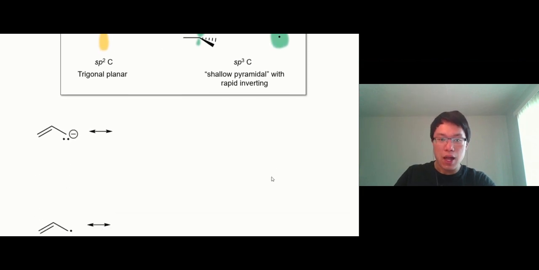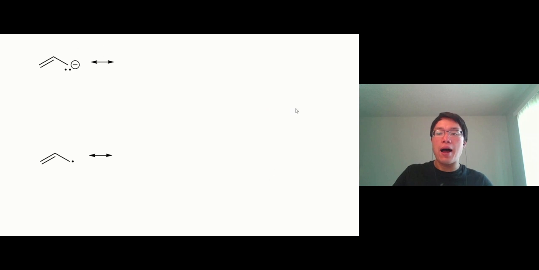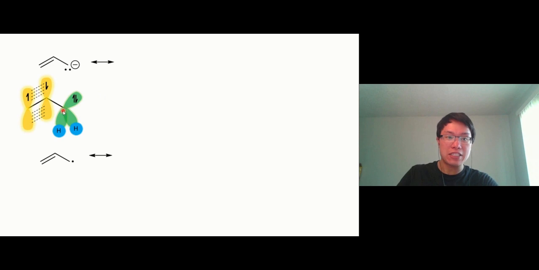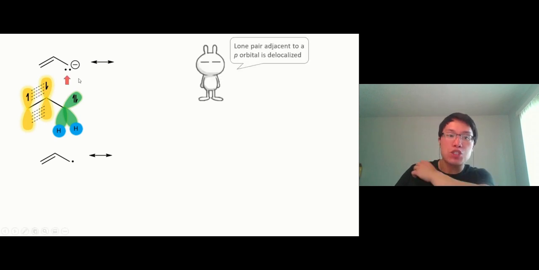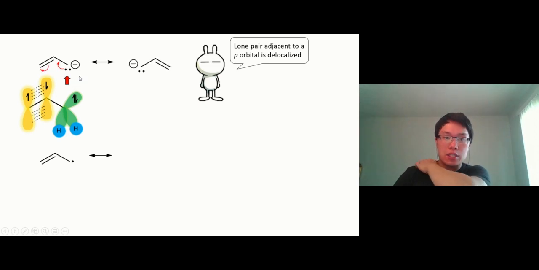Now, drawing the resonance structure, just like the lone pair. If you still remember from chapter 1 or chapter 2, the lone pair next to the double bond is delocalized, because even though this is an sp3 carbon, the sp3 orbital right here can line up parallel with the p orbital of the pi bond, and that allows you to draw resonance structures.